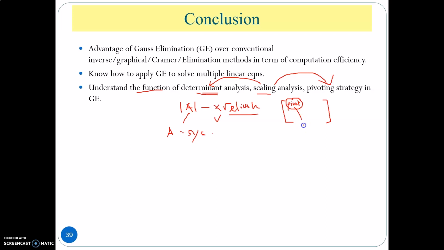If the pivot element is maximum, then you do not need to perform the pivoting strategy. If you have a small pivot element, then you need to perform the pivot strategy. In this case, you need to switch row 3 to row 1 so that you obtain the pivot element to be the maximum value.